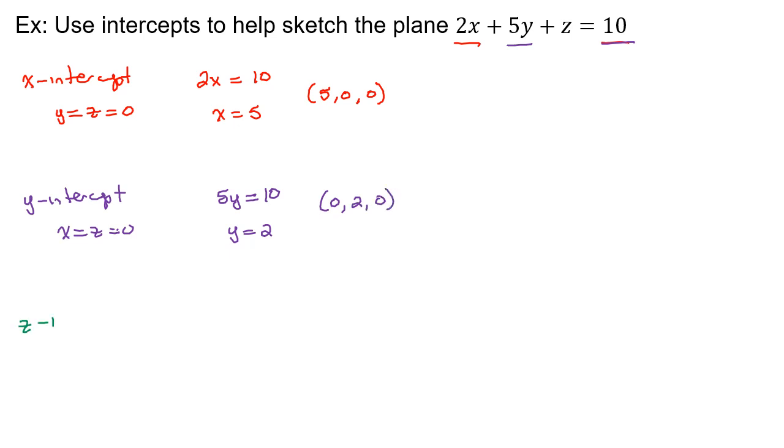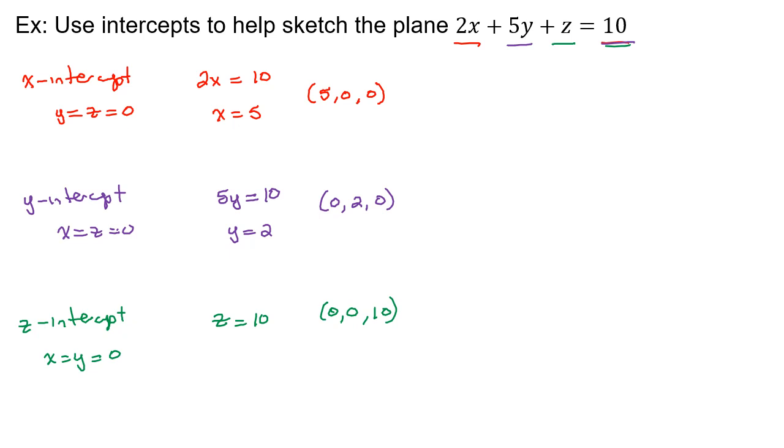And if you want the z-intercept, you let the x and the y be 0. So all you'll get is z equals 10, which literally is z equals 10. So you get (0, 0, 10). So I get those 3 intercepts, and then I plot those 3 intercepts and see what happens.